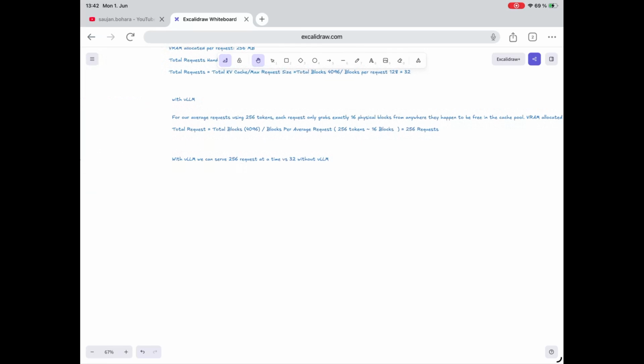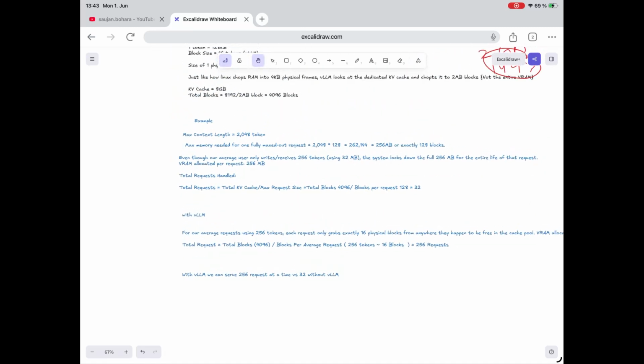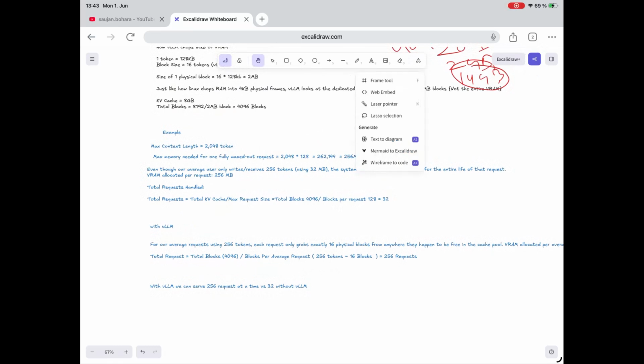With 4096 blocks and 16 blocks per average request of 256 tokens, that's 256 requests. So with vLLM, we can serve 256 requests at a time, and without vLLM, we can only serve 32. That is the massive difference, right?